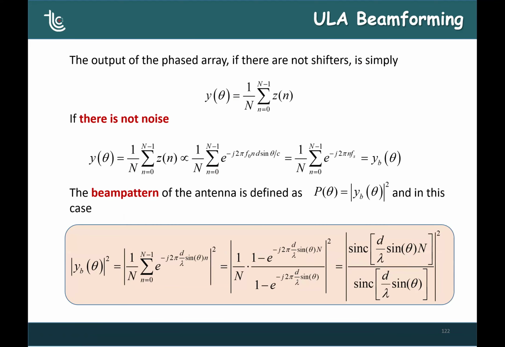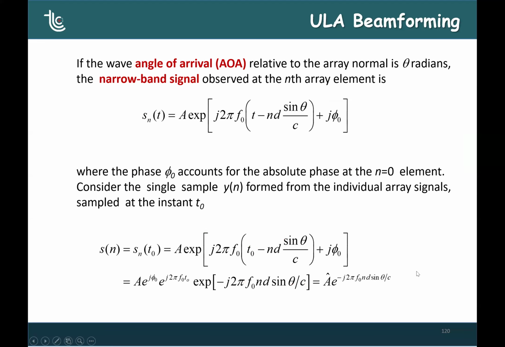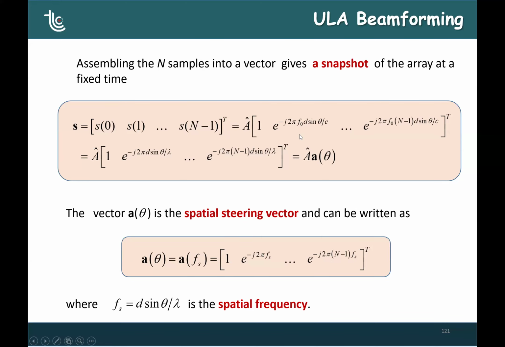So how do we do beamforming? If there is no phase shifter at the output of each element of the antenna, what do we do? We sum together the outputs of each antenna. There is the noise, but for a second, neglect the presence of the noise. We have the sum of all these samples together.